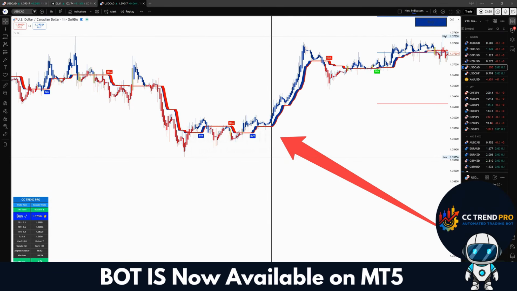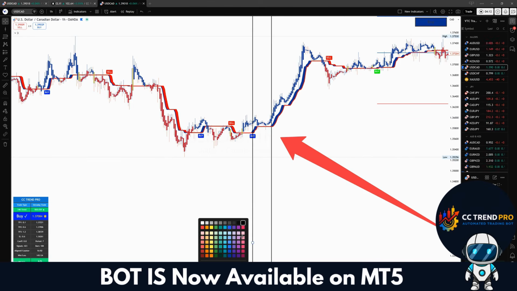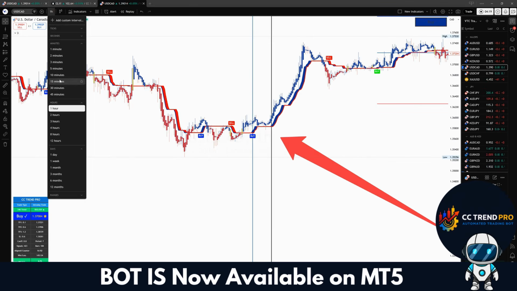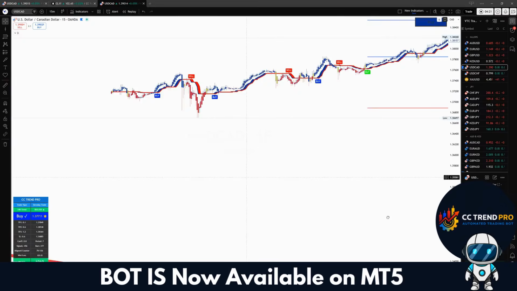Now, if we decided to enter on the 1-hour time frame, our entry would be here on this trend change candle on the 1-hour time frame, or we can wait for the buy signal on the 1-hour time frame, and that would be our entry. Or if you decided, you could enter on the 15-minute time frame.